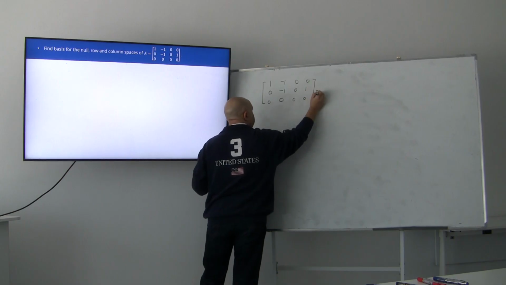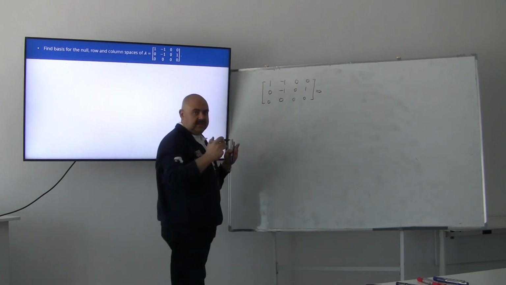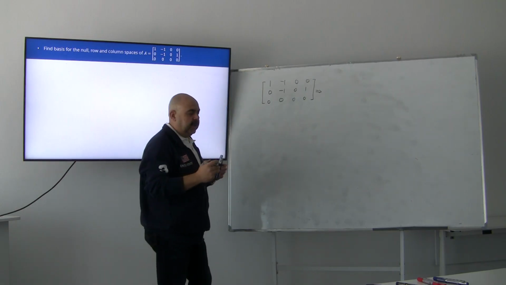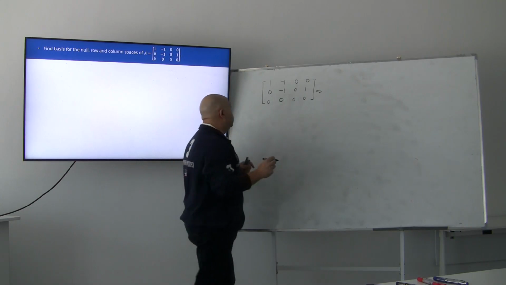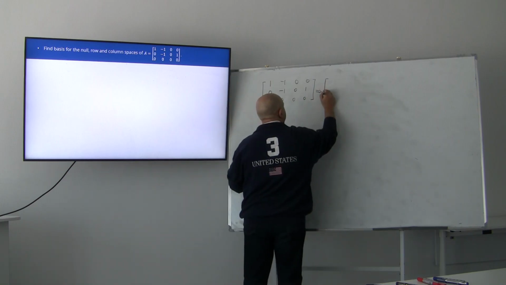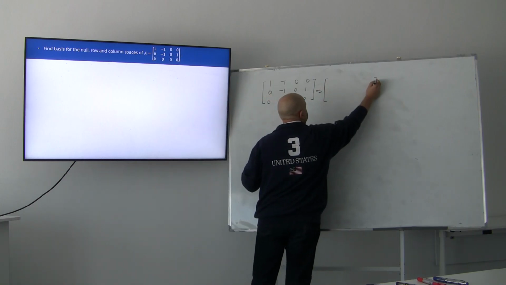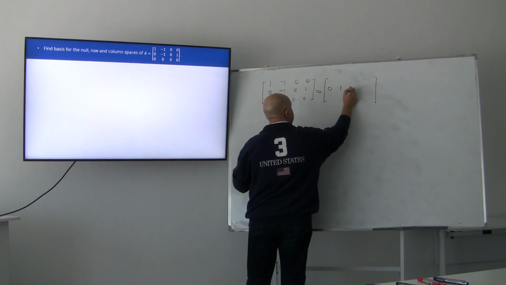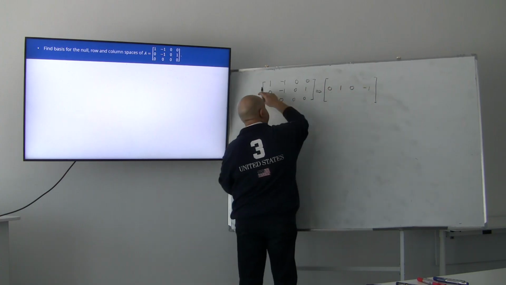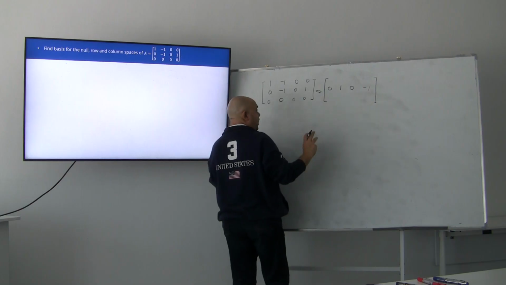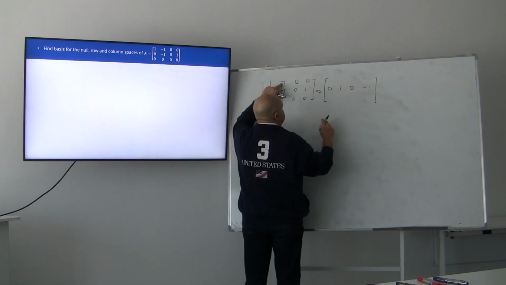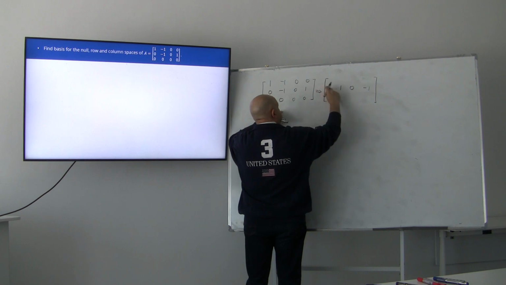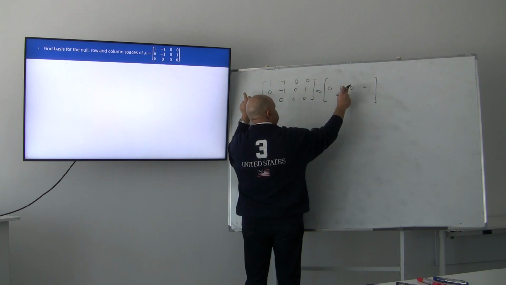I will start to try to put it as near as possible to the reduced echelon form. So it simply will be 0, 1, 0, and negative 1, multiplying the second row by negative 1. Then I will try to get this number equal to 0. So I will multiply by negative 1, then add it to the first row.